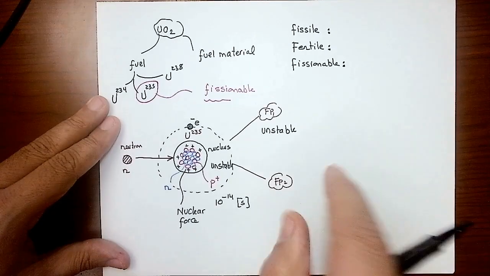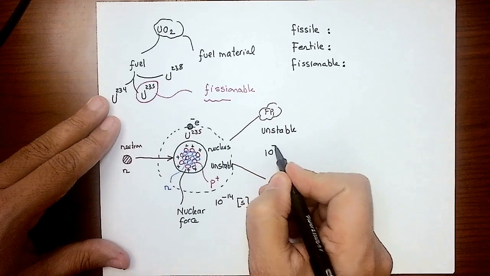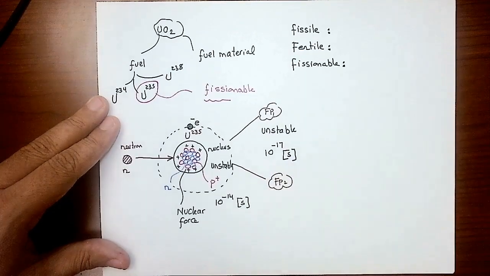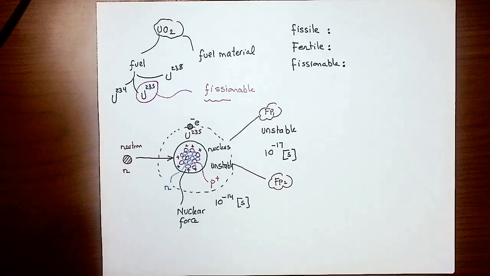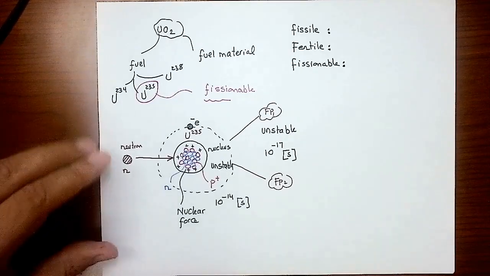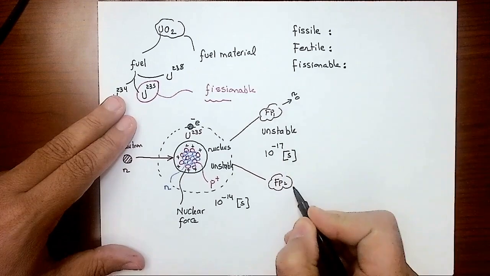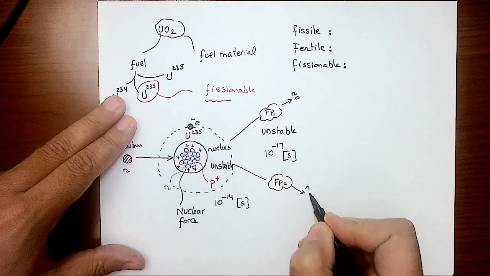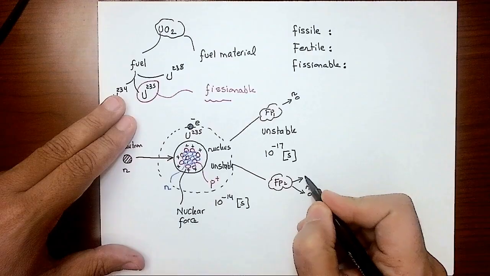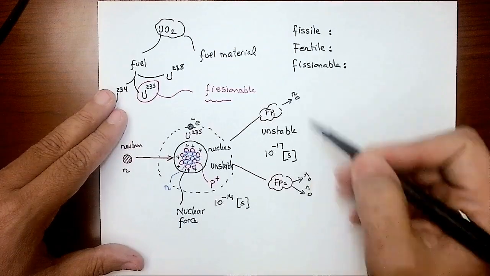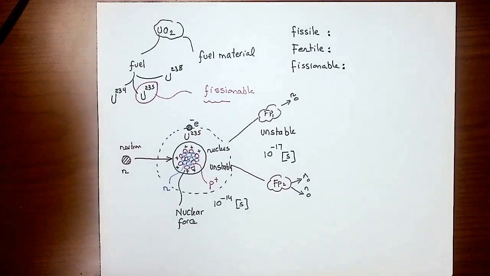Then, within 10 to the minus 17 seconds, these fission products, to be stable, are going to emit some neutrons out. So that's where we get neutrons out. And sometimes we get 2 neutrons here. That's why we said any fission reaction is producing 2 to 3 neutrons. And this is the only way for these fission products to become stable.